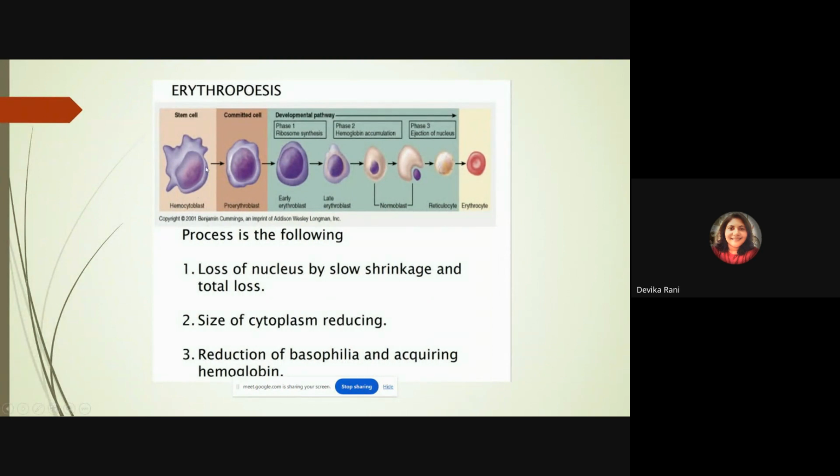So when it starts formation in the bone marrow, it has a nucleus, if you see here, and then slowly through various stages, ribosome synthesis starts to happen. Hemoglobin accumulation has started to happen. Then finally the ejection of the nucleus happens, and you have your erythrocyte, or the red blood cell.